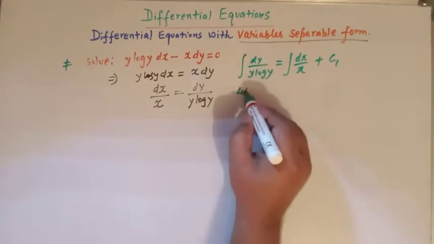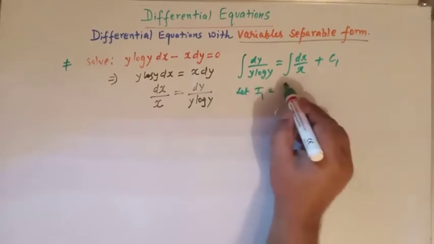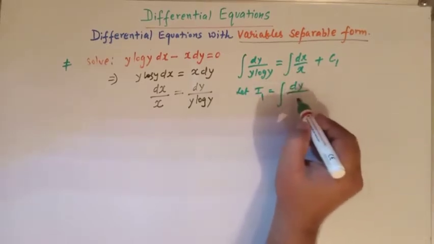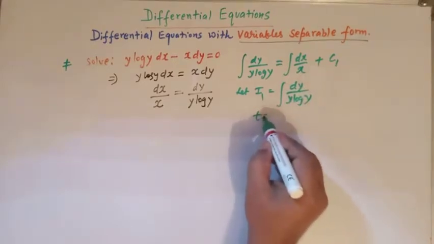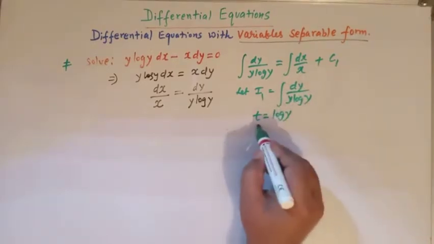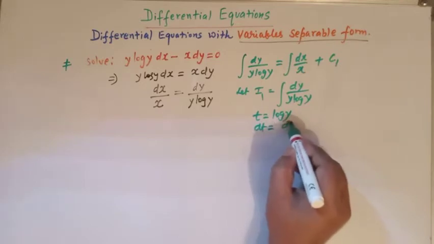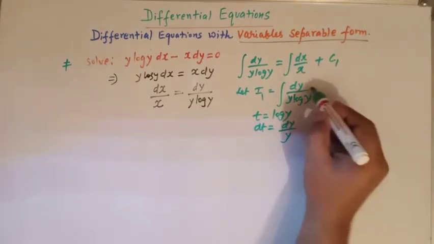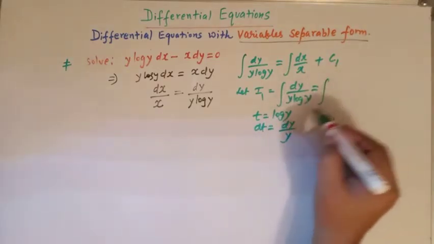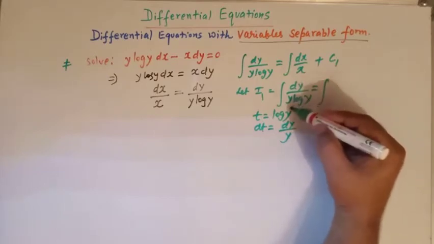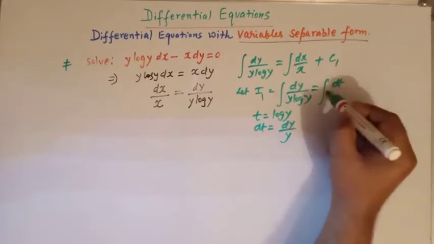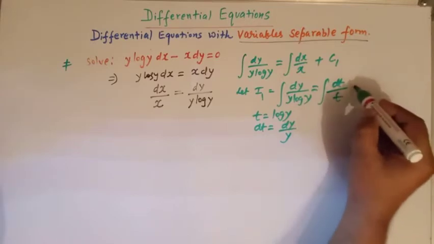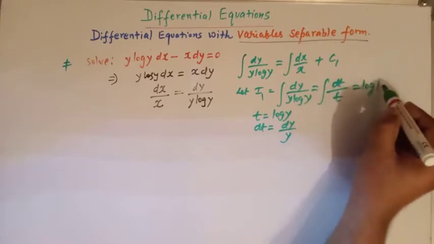So let I1 be the integral of dy over y log y, and we put t is equal to log y, and dt is equal to dy over y. So therefore this integral becomes the integral of dt over t, so we have log of t.